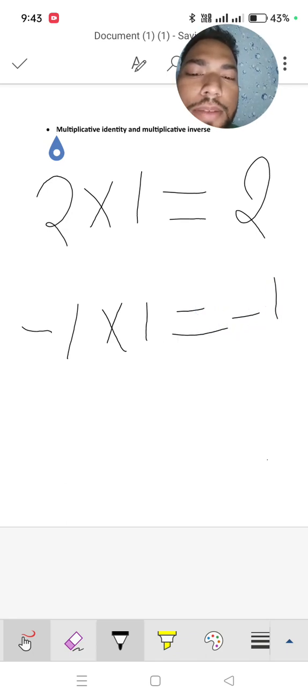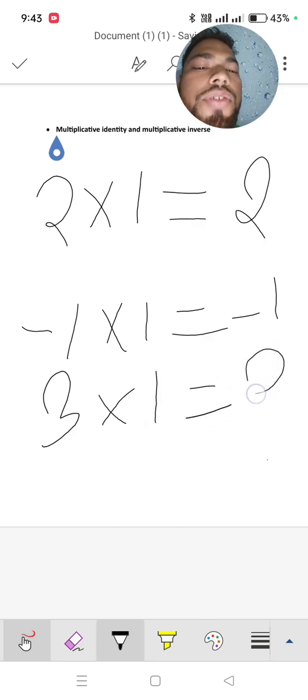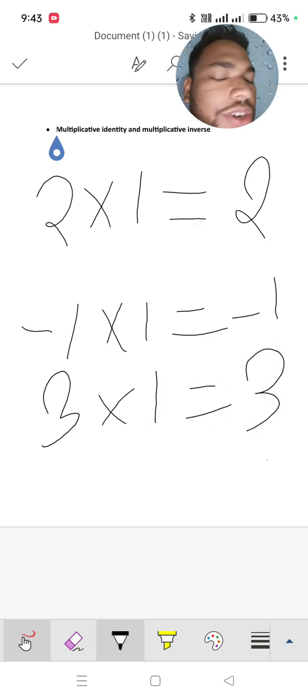Suppose I multiply 3 with 1, then the answer will be 3. For these three cases, multiplying 2 with 1 gives 2, -1 with 1 gives -1, and 3 with 1 gives 3. That means when we multiply any number with 1, the answer will be the same. That's why 1 is known as the multiplicative identity.